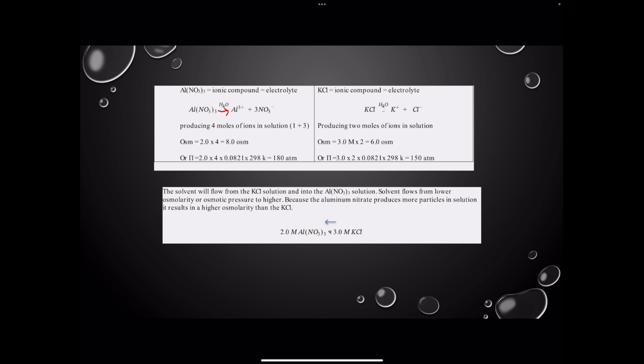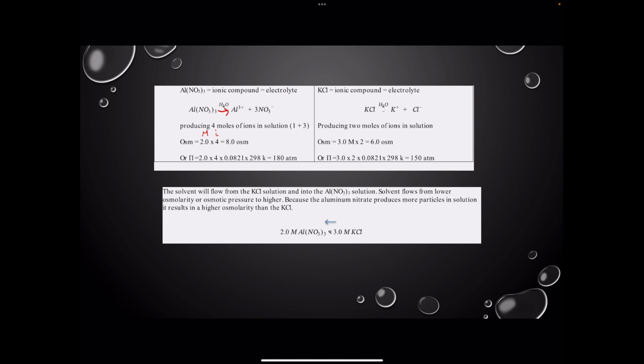That produces 4 moles of ions in my solution. Now from there, we can determine either our osmolarity or our osmotic pressure. So the osmolarity would be the concentration, which was 2 molar, times my i value. So 2 is the molarity, 4 is the i value. So we're getting an osmolarity of 8.